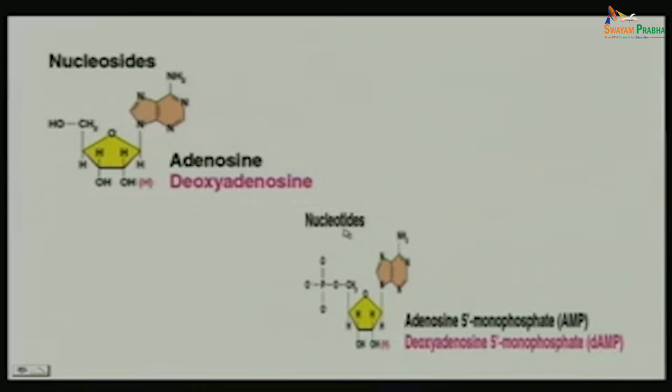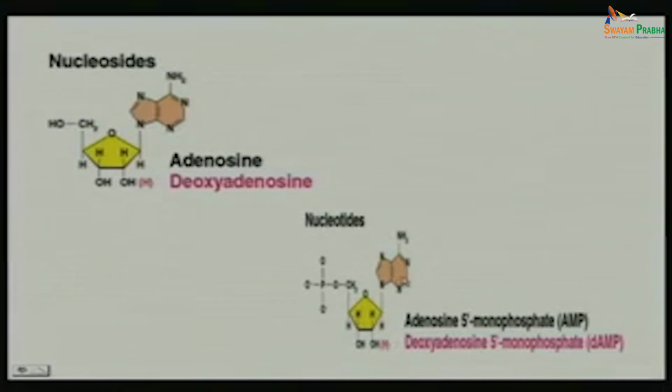In case of nucleotide, nitrogen and sugar, this is the nucleoside. When we are talking about the nucleotide, I have already shown you that nitrogen, sugar, and to that one phosphate is attached. See the structure, this is nitrogen, sugar, and the phosphate moiety is attached to this.